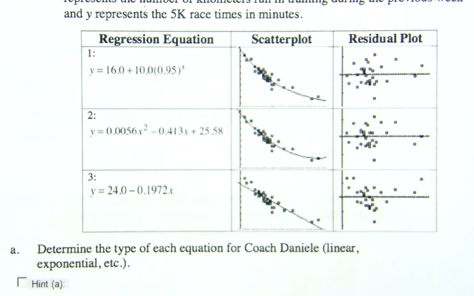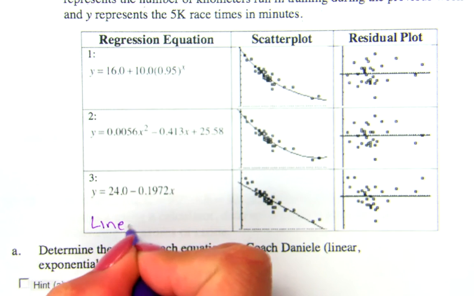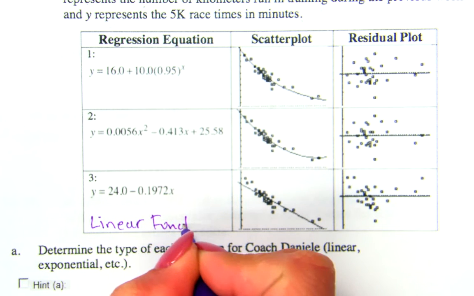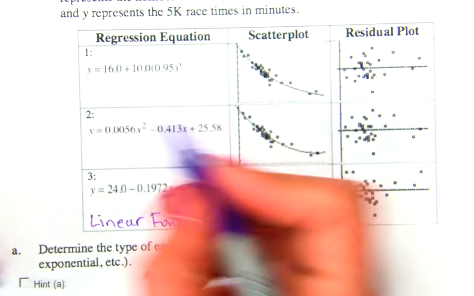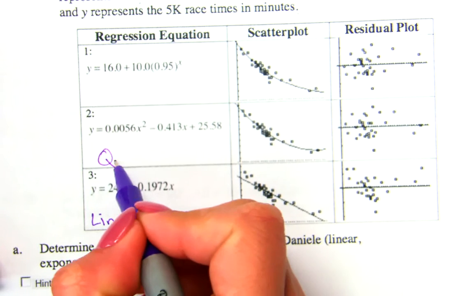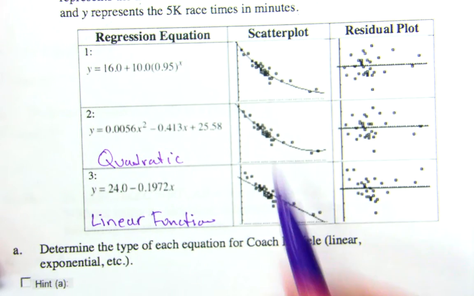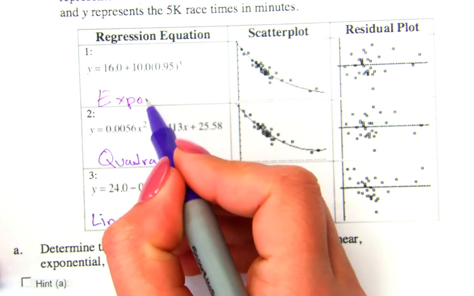So in this case, the third one would be your linear equation. And then the second one has an x squared, so that will be your quadratic equation. And then the first one is to the x power, so that's your exponential.